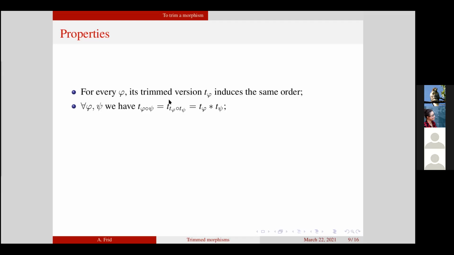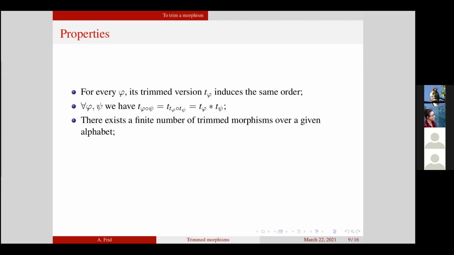So we can denote this new operation. Trimmed morphism times trimmed morphism and then trimmed once again, we can call it a star operation over the set of trimmed morphisms. And this is a semigroup operation, in fact. Since in trimmed morphisms we only write letters which give some divergence between images of letters, we always write down a finite number of letters.